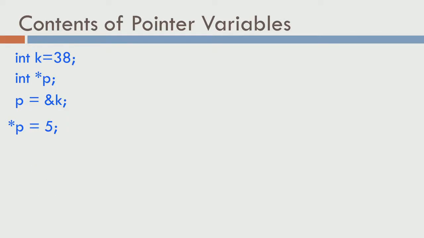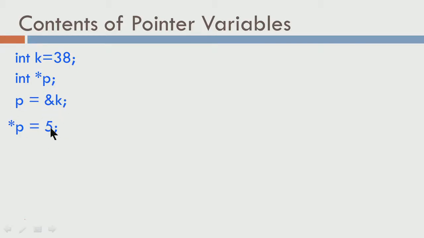So, let us see what the contents of the pointer variables are. There is a small piece of code here on the left side. So, int k equals 38, which means there is a variable called k whose value is going to be 38, and you have int star p. So, I have an integer variable called k. Int star p is a pointer variable called p, and then we are going to do some operations later.